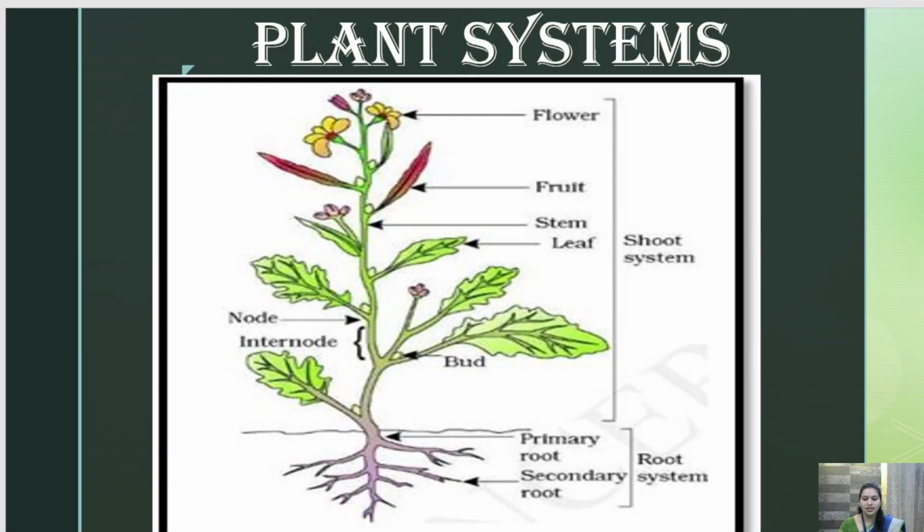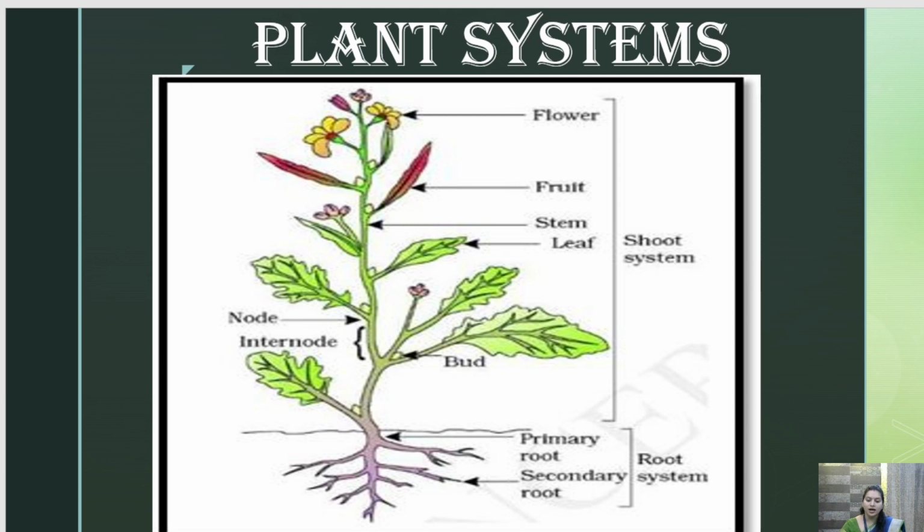As you can see in the figure, the bottom is the root system where the root is present, and above the ground level, whatever is there, be it leaf, stem, flower, or anything, all of this is called the shoot system.